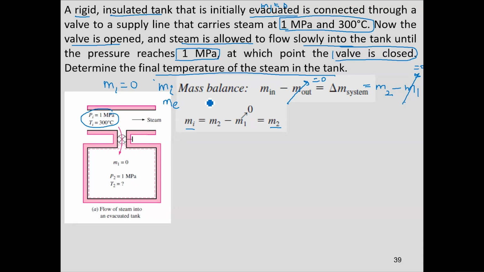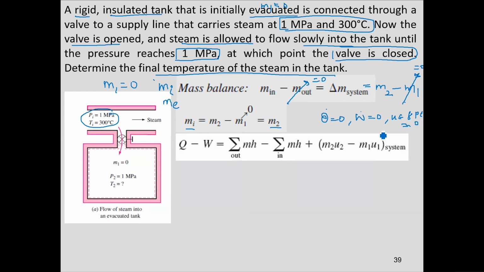And if you look at the energy balance equation, there is an insulated tank. Insulated tank means Q dot or Q is 0. There is no work associated with it, shaft, boundary, or electrical work, so W dot is equal to 0. Again, kinetic and potential energies are almost negligible.